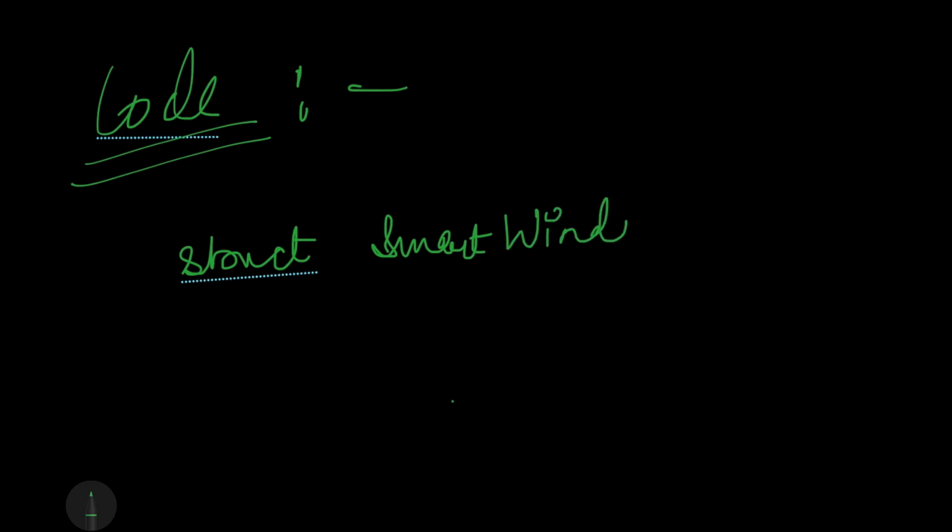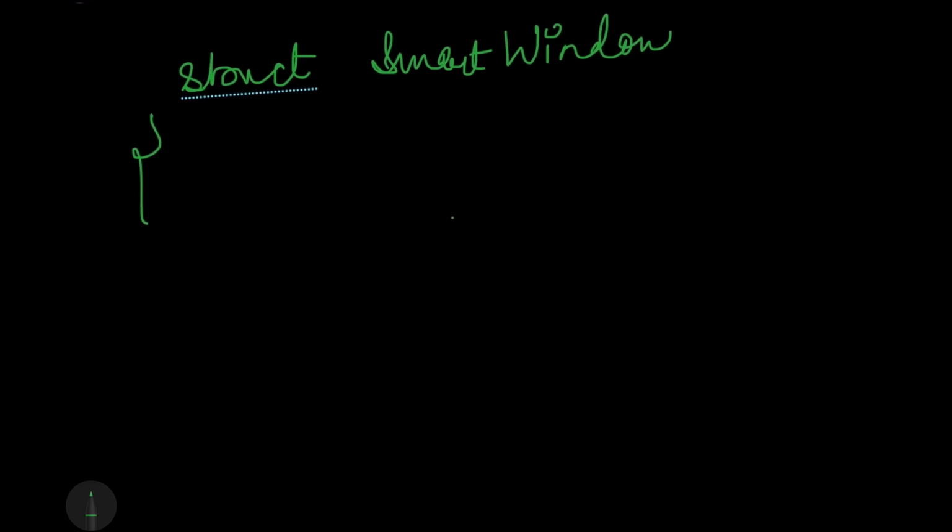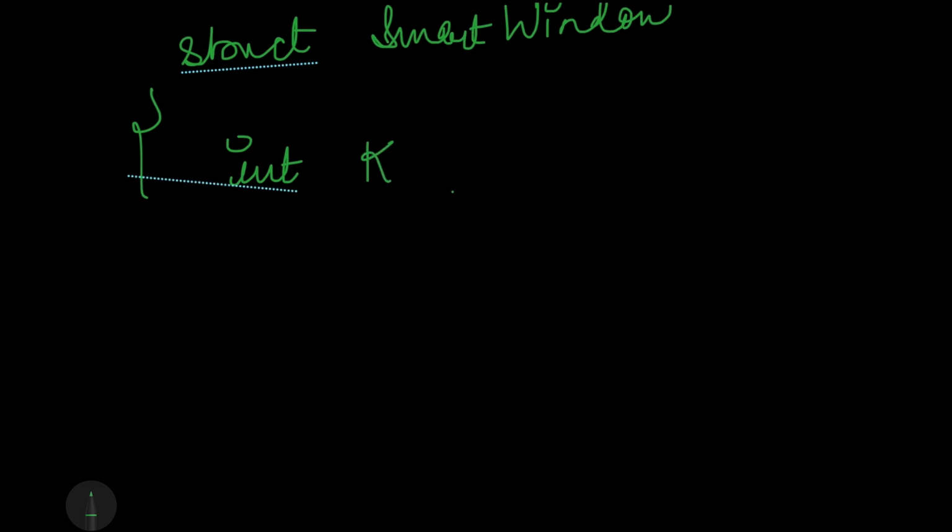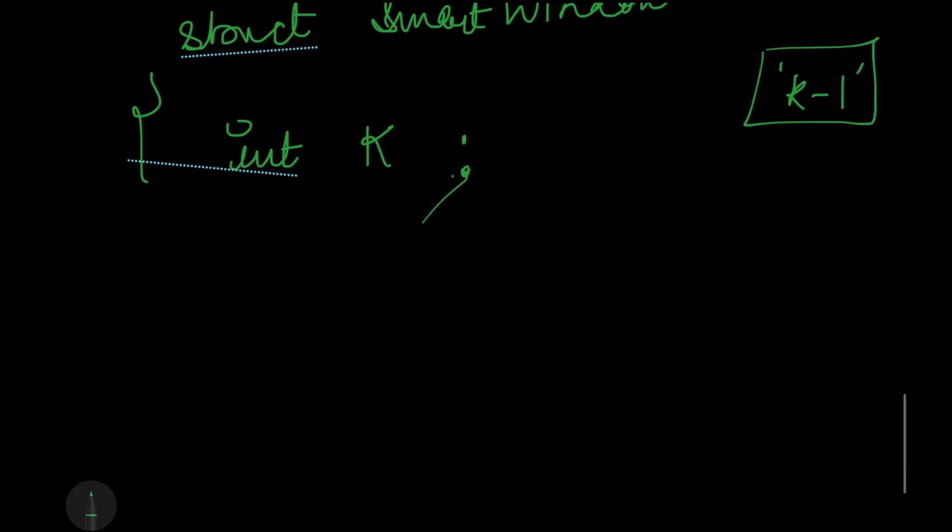Okay, so now let's see with the help of code how we'll solve this. We can define a custom data structure, which will help us maintain the smallest k elements. What we'll define in this data structure is int k, which would be our number of small elements to track, that is our k minus 1 elements we have to track.